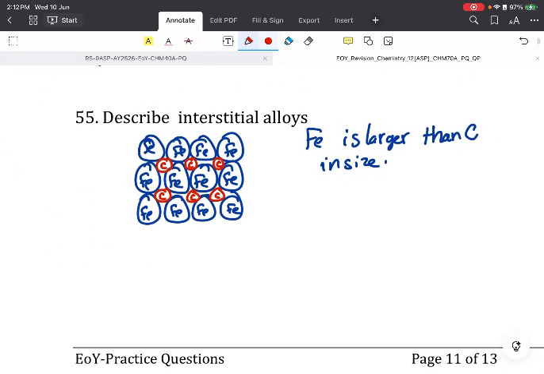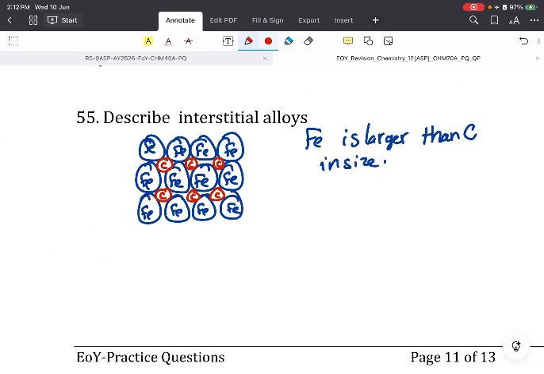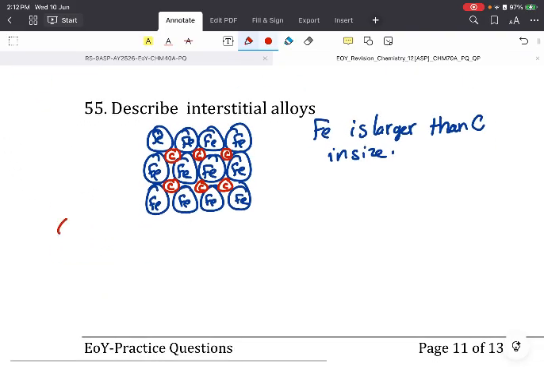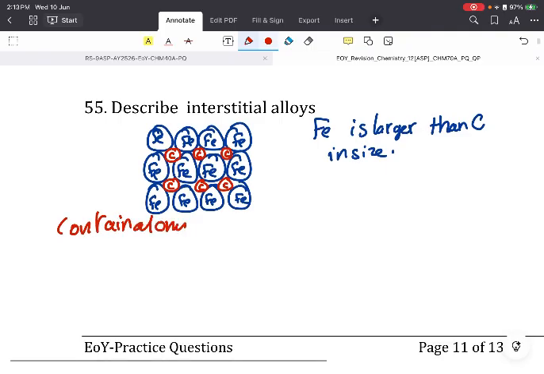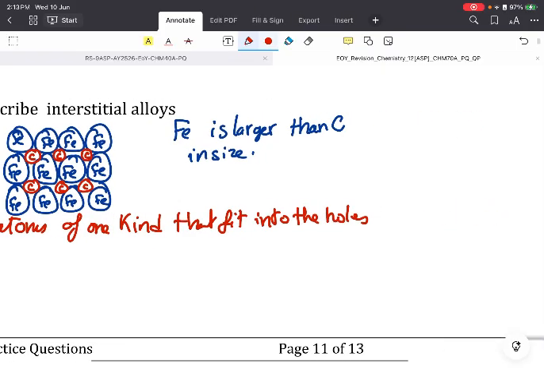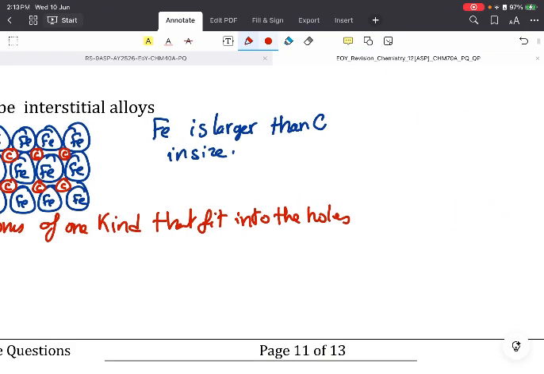Let me just write that. The interstitial alloy contains atoms of one kind that fit into the holes or sites of the structure.